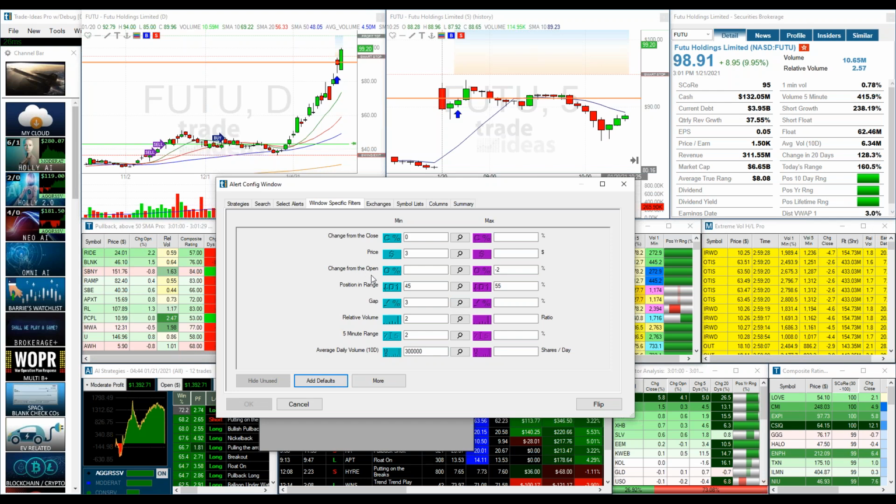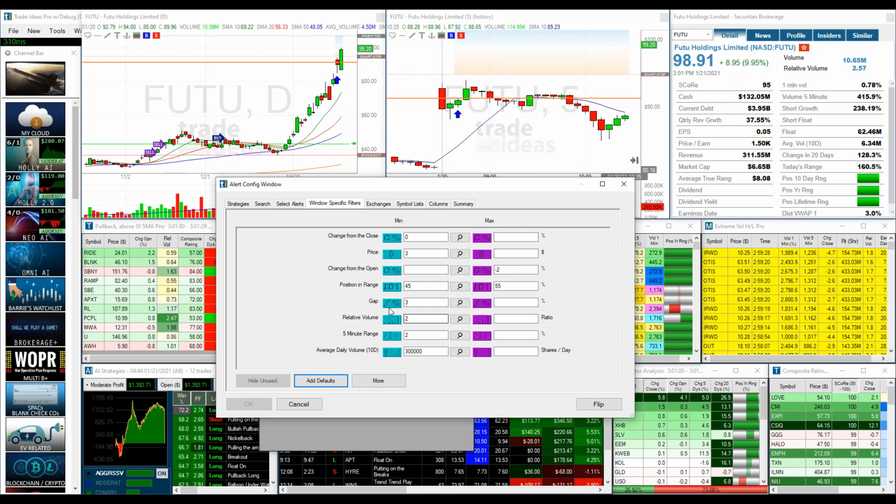But I'm also saying to myself, I don't want to put too big of a number in here, because with the alert and the position in range I'm using, the stock will have to bounce back to this area. So I've got to be careful not to use too much of a sell-off. What I used was a negative 2%, which means the stock is down at least 2% from the open.